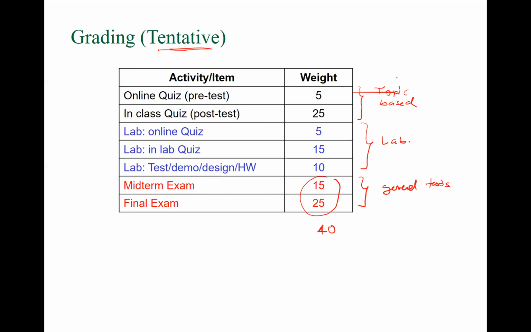So for the topics, you take an online quiz, 5% contribution to the passing grade. The in-class quiz, post-test, is 25%. So you see, it's equivalent to the final examination.